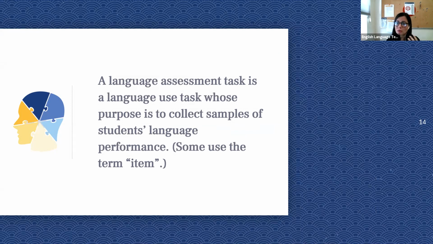And so you will see in both the educational measurement research and also language assessment research, the words item and task sometimes used interchangeably. I would rather it not be. I think the distinction is very clear between what an item is and what a task is. So for the purposes of this webinar, we'll have this distinction, right?